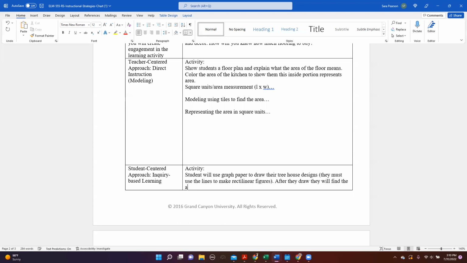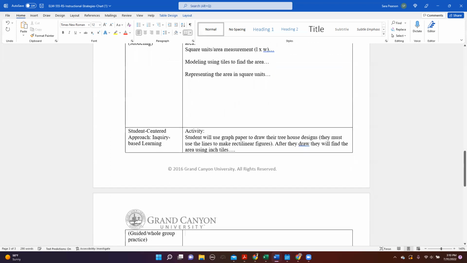They will find the area using inch tiles, and then I would continue explaining that. And then they'll represent the area, and then find flooring materials, find flooring that they want for their treehouse.